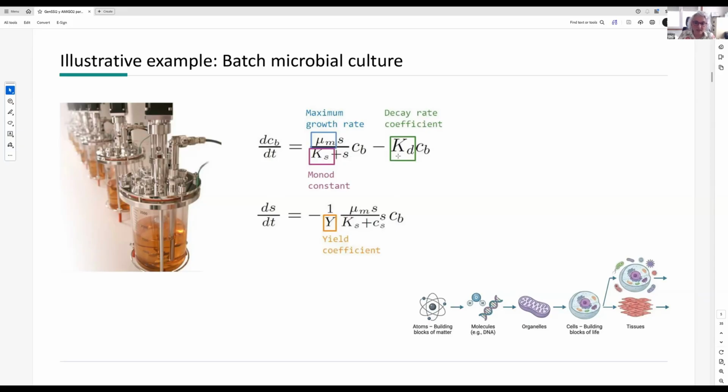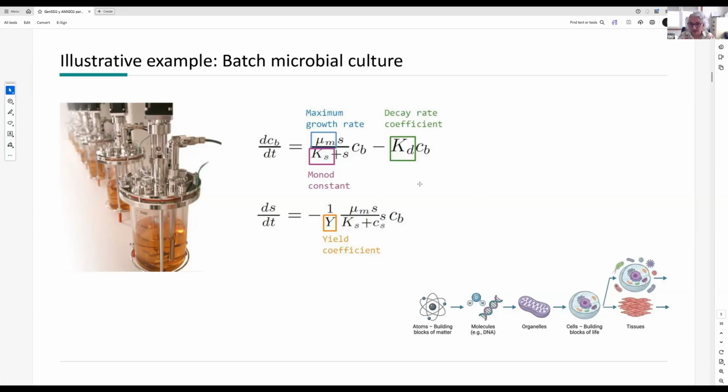And this description relies on a number of terms in these equations, which depend on the amount of cells and of the substrate themselves. And we have here a number of constants, which we will call throughout the presentation parameters. These parameters are the ones which are condensing all these phenomena here. And because they are condensing lots of information in one single number, it's typically the case that we cannot measure these values.